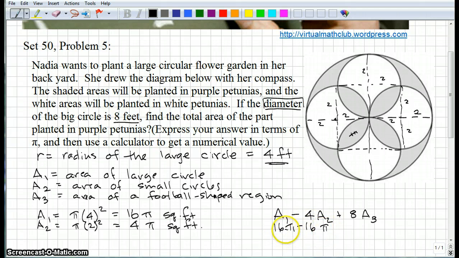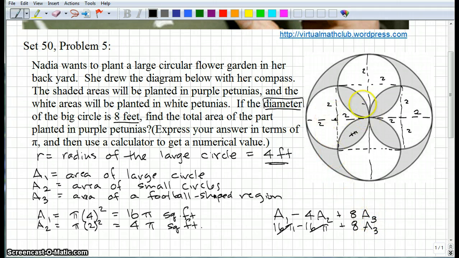So the area of the large circle is the same as the area of 4 of these smaller circles. So those cancel out. So what we're left with is 8 of the football-shaped regions, and that will be the area of the shaded region.